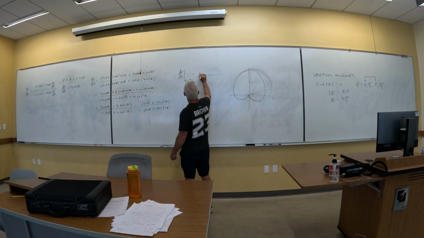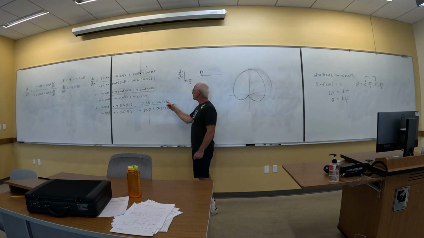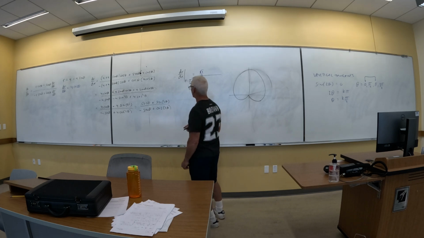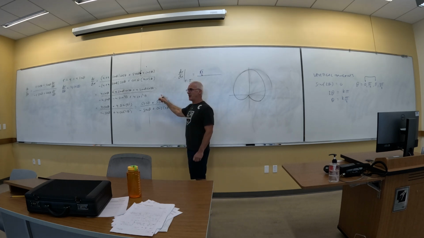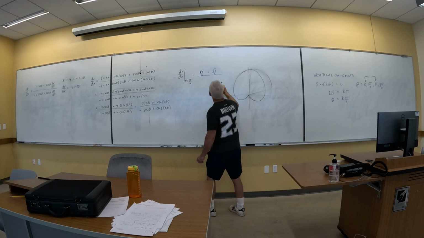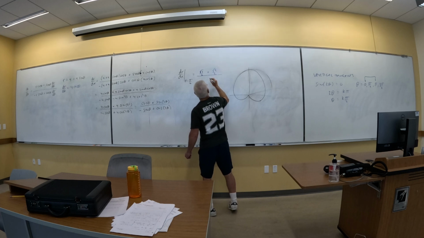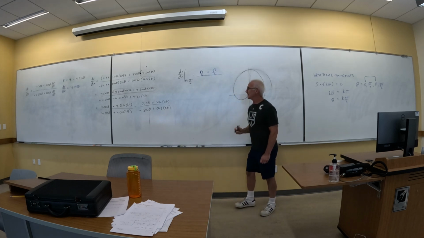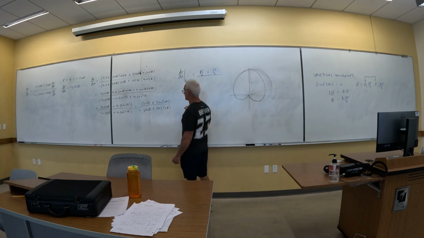So what's that one? Root 3 over 2. Okay. 2 times pi over 6 is pi over 3, and the sine of pi over 3 is the same value, isn't it? That's a root 3 over 2. Okay? The sine of pi over 6 is a half, so that should be negative a half.